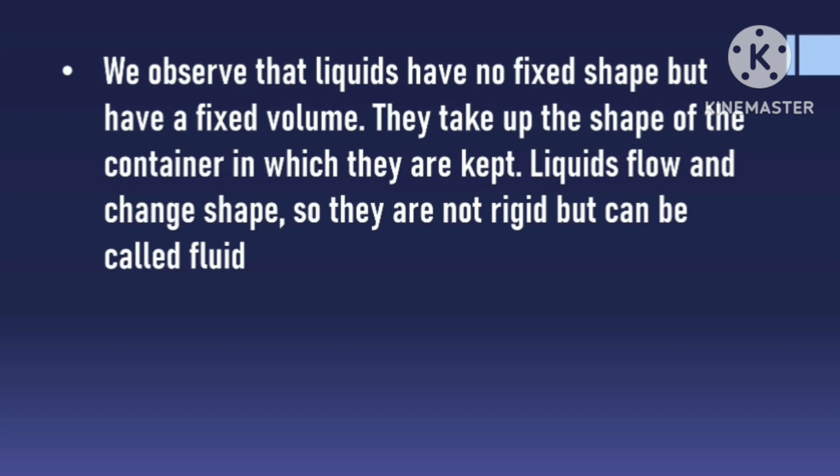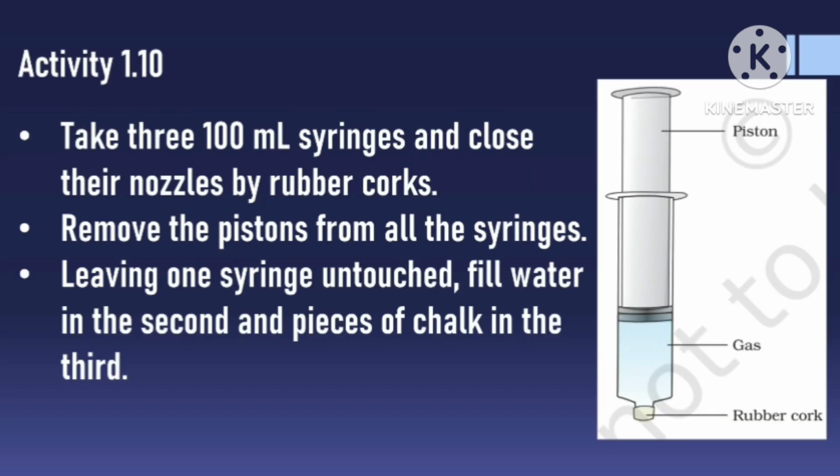Okay, guys, move to our next activity, activity 1.10. Take 100 ml syringes and close their nozzles with rubber corks. Remove the pistons from all the syringes. Leave one syringe untouched. Fill water in the second and pieces of chalk in the third.